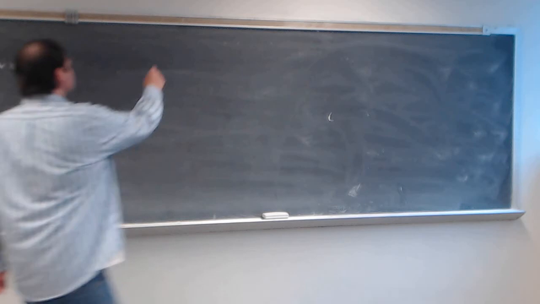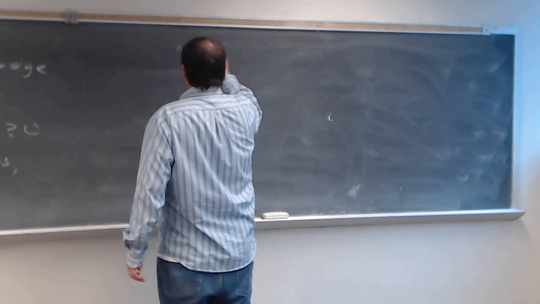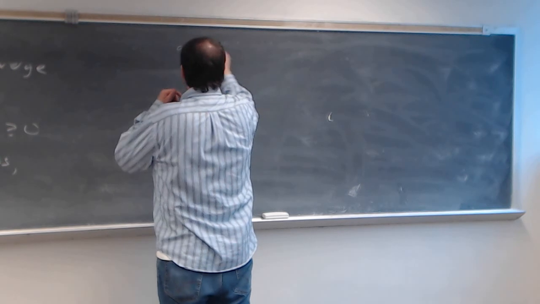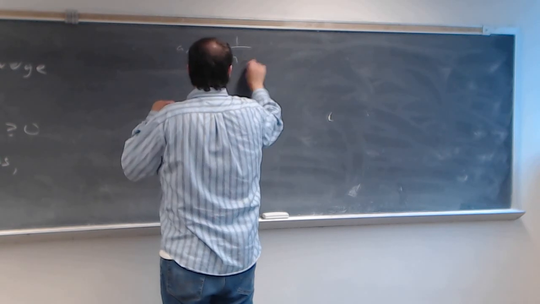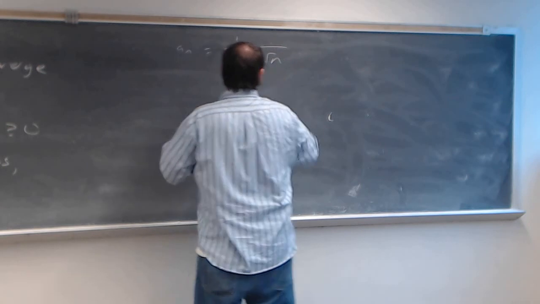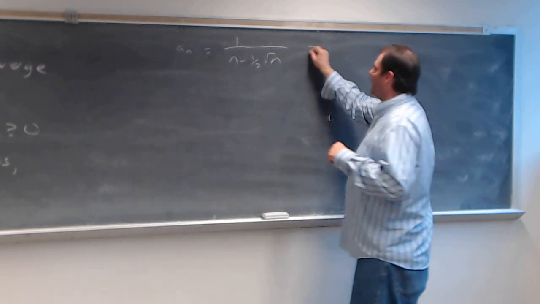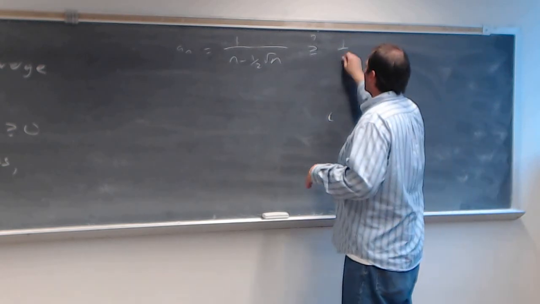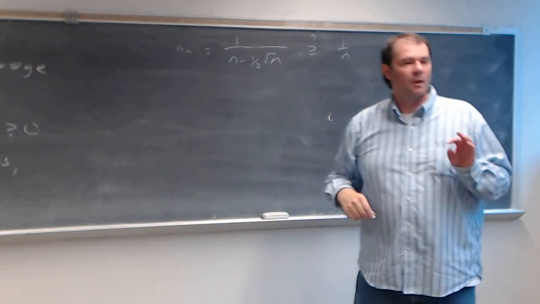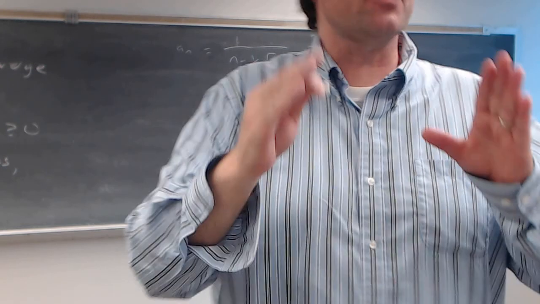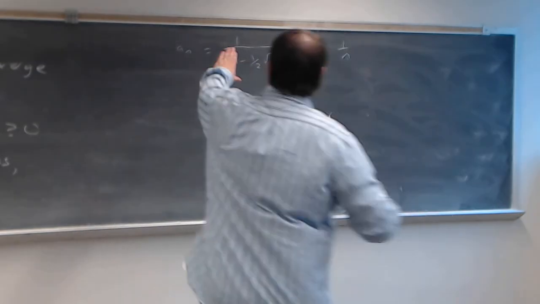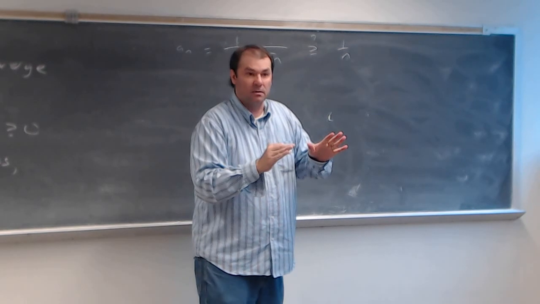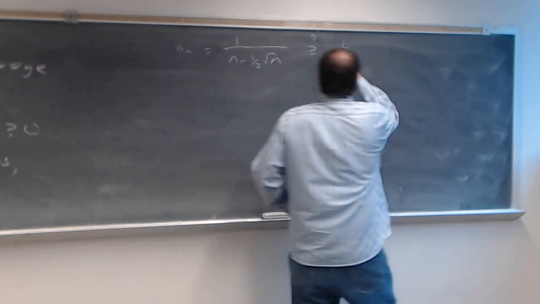So here, a sub n, which I'm going to let be 1 over n minus 1/2 times square root of n, is bigger than or equal to, and I'm putting a little question mark on it, I think it's bigger than 1 over n. So I'm going to compare the series of 1 over n minus 1/2 times square root of n to the series 1 over n. Is that okay?